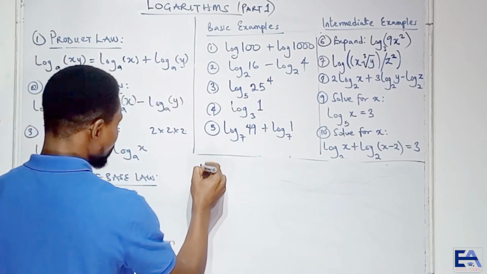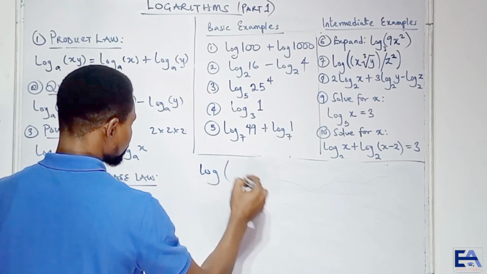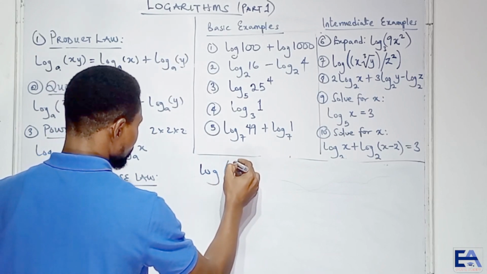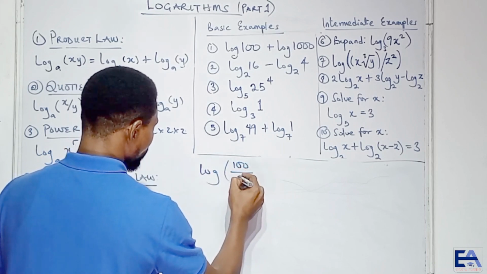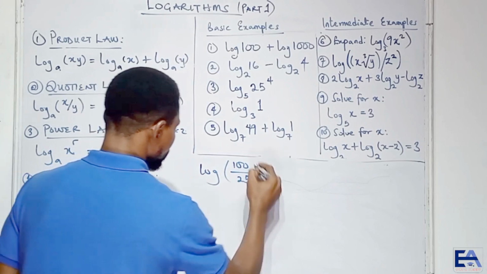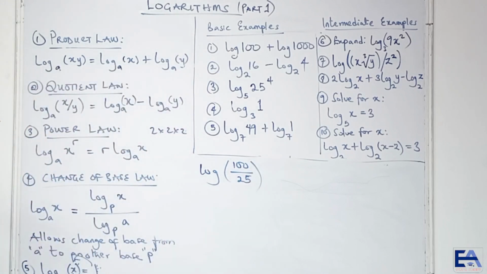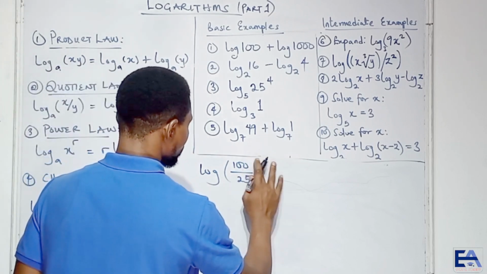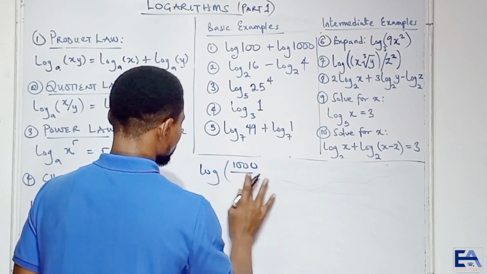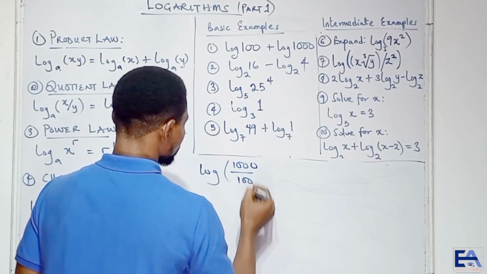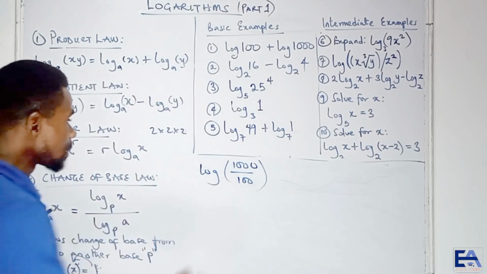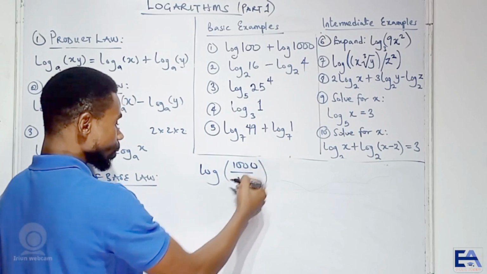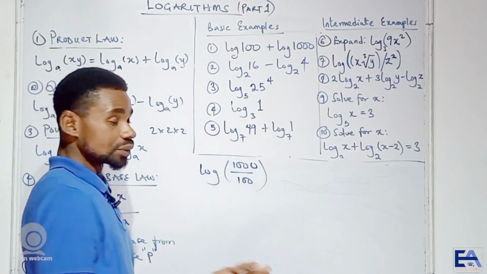So if you have something like this now, log 1000 divided by 100. I know, of course, you could actually break this thing down, zero cancels zero, and find log 10 and get your result. Yes.